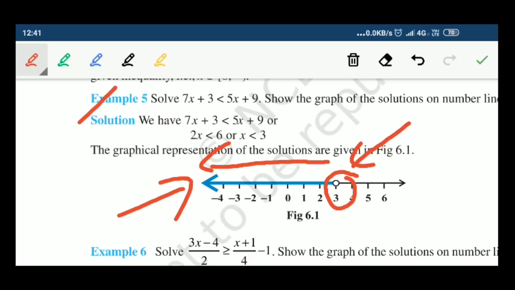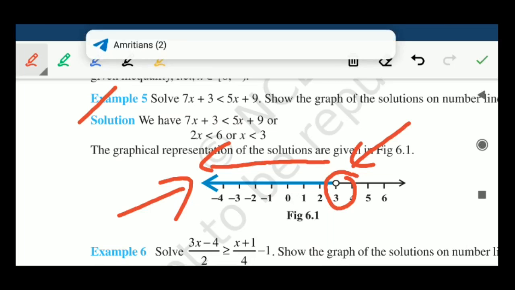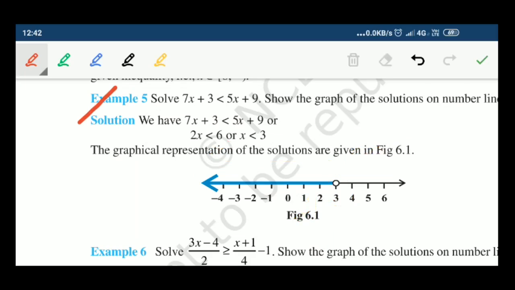Is it clear, students? Because 3 is not a part of the solution, all values of x less than 3 are included, and that's why you will use this open dot here. This is the required graph of this inequality.